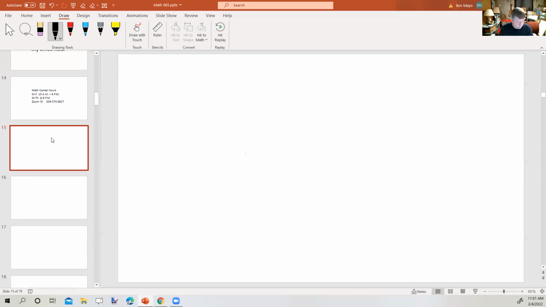So the first request comes from section 8.5, problem number 10. This is an absolute value equation. It says, solve the equation, enter your answers as a comma-separated list. And we have the following. The absolute value of 6x minus 3, and then plus 9 equals 24.